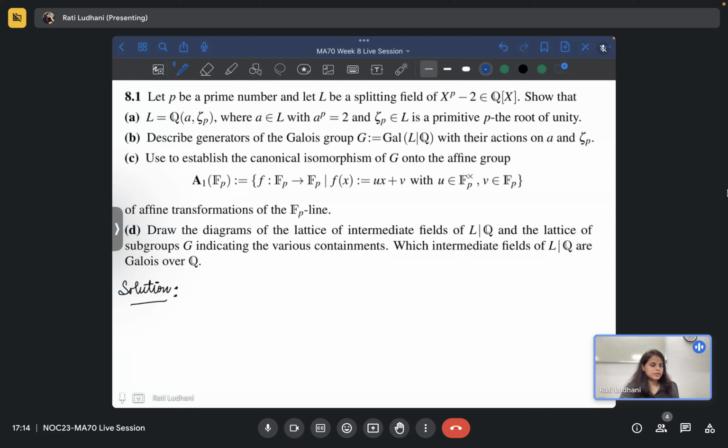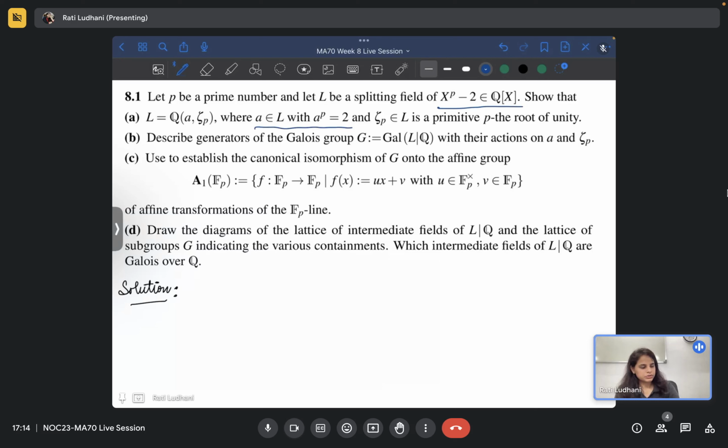It is given that P is a prime number and L is a splitting field of x raised to power P minus 2, which belongs to Q[x], so the coefficients are in Q. First we need to show that L is equal to Q(A, eta P), where A belongs to L with A raised to power P equal to 2, and eta P belongs to L is a primitive pth root of unity.